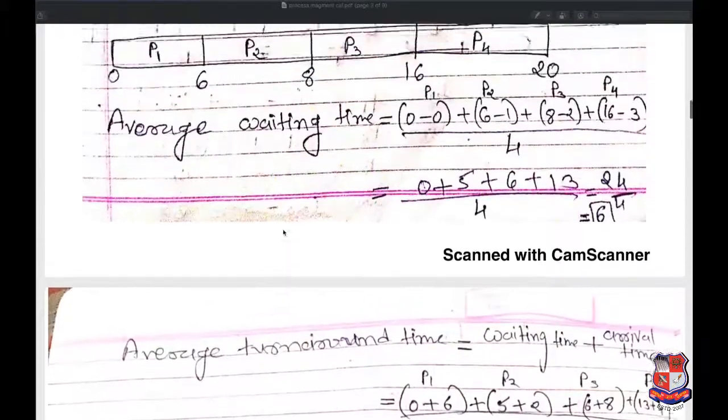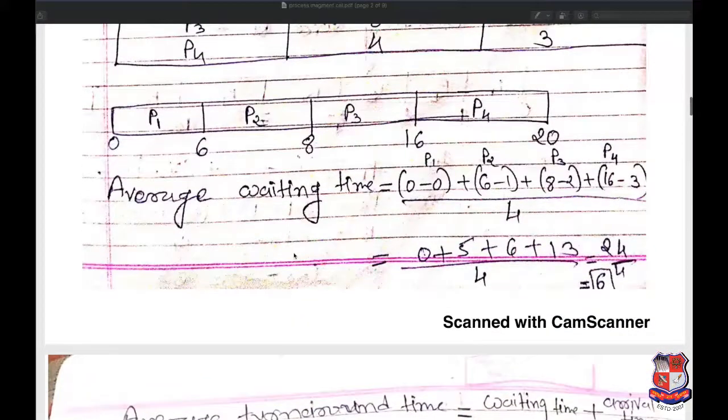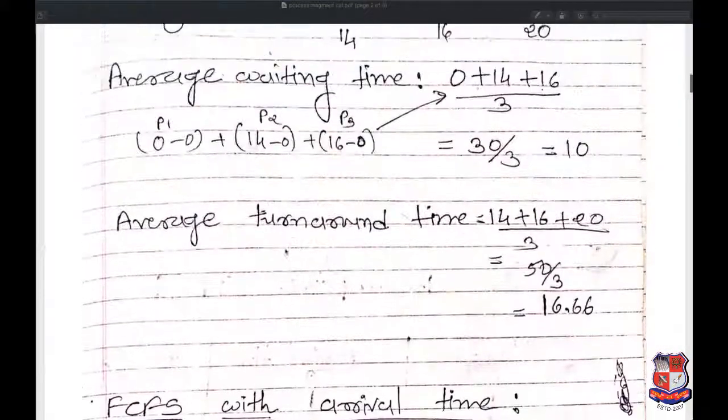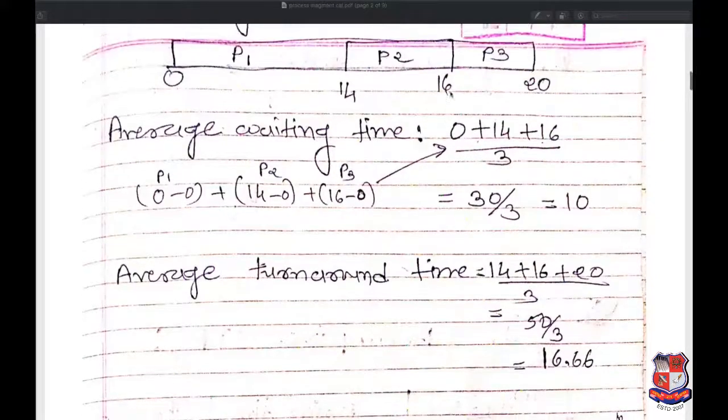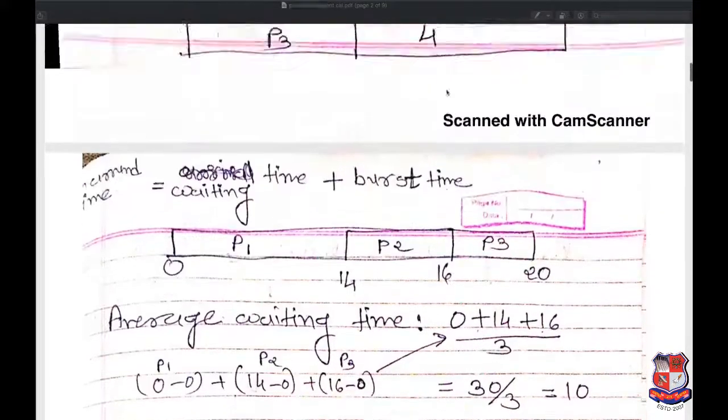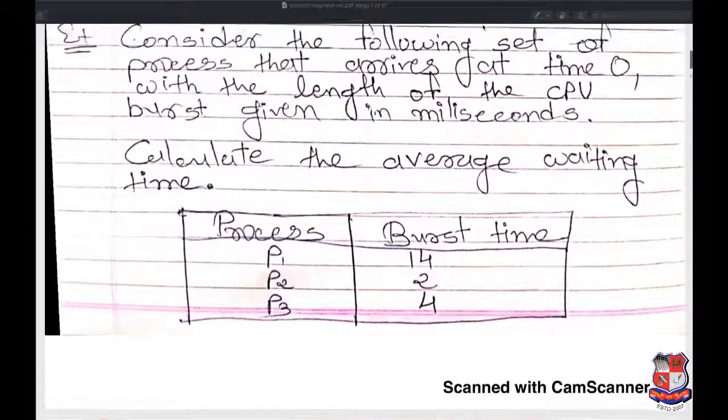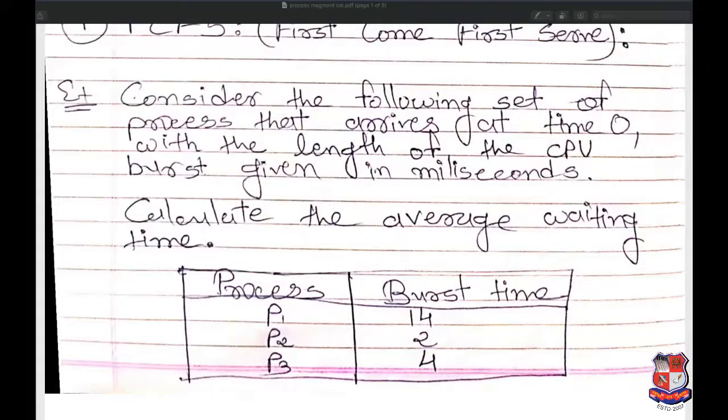So here I put the waiting times 0, 5, 6 and 13, plus burst time, which is already given in the table: 6, 2, 8 and 4, divided by the total number of processes, so its value is equal to 11. So the average turnaround time is waiting time plus burst time. Okay, so I have completed FCFS with arrival time and without arrival time.